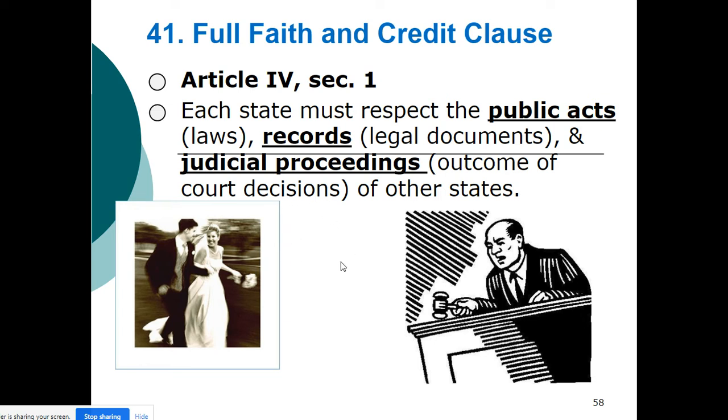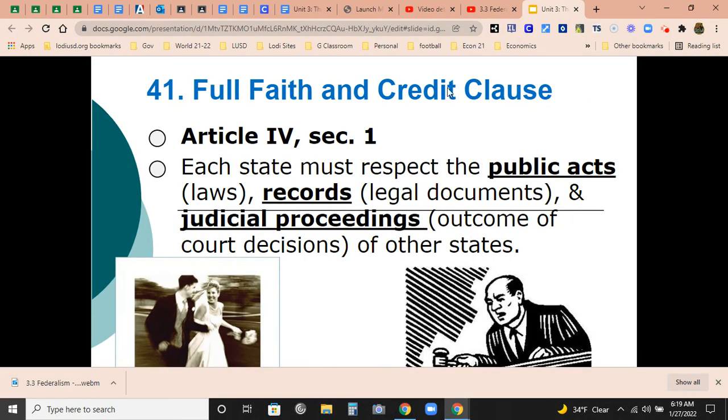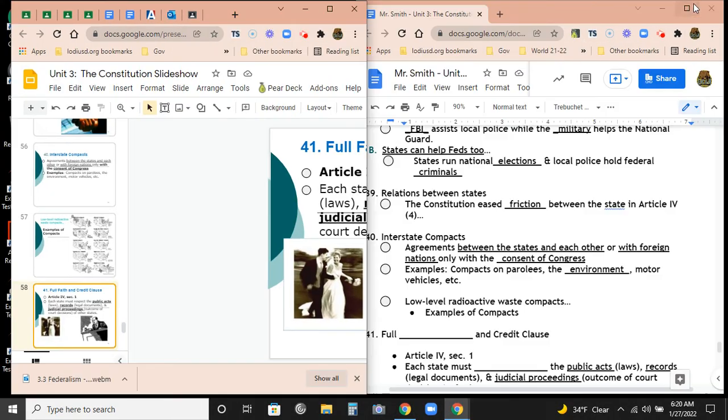Generally, a marriage in any state is seen as valid in all states. But because of sexual identity issues and race, sometimes this has been an issue in the world, sadly enough.